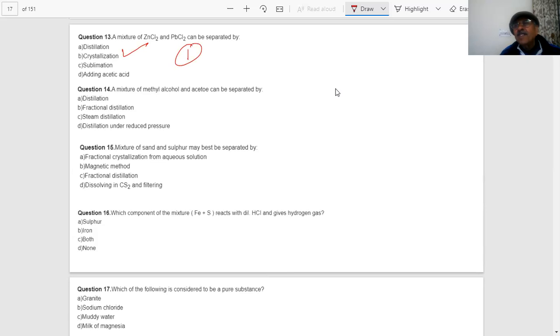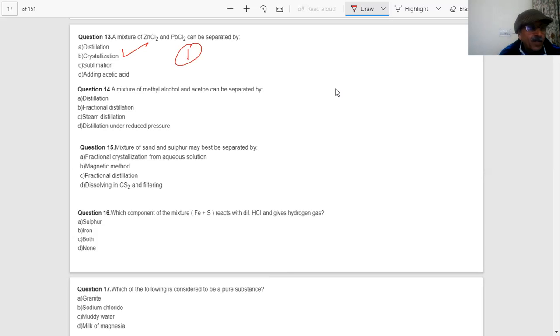These two substances are mixed, heated, and saturated solutions are formed. Hot solutions are cooled, student, and then crystals will start appearing. That is called the crystallization process. Crystals will start forming, and you get one full mark for this, student.